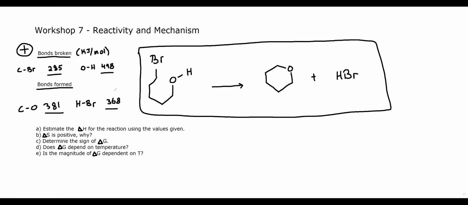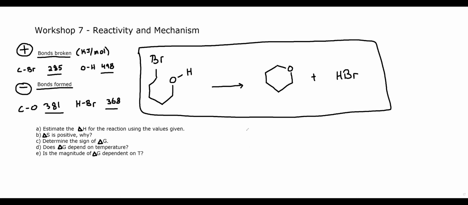And when a bond is formed, it releases heat. So this is going to be negative values when we release heat to the environment. So the bonds broken will be positive values. The bonds formed will be negative values.